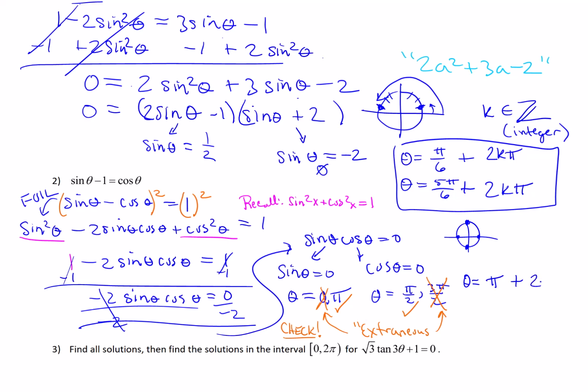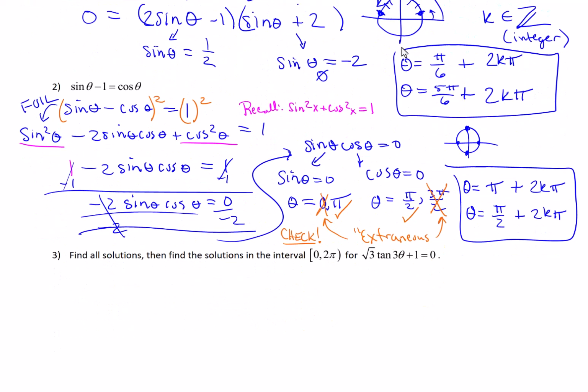So we'll say plus 2k pi to represent any other lap around the circle starting from the solution of pi we already found. And then similarly, theta could equal pi over 2, the other solution we found that works, plus any other lap around the circle, so plus 2k pi.